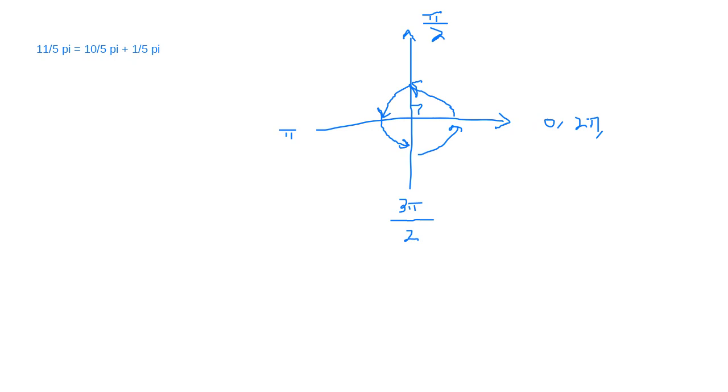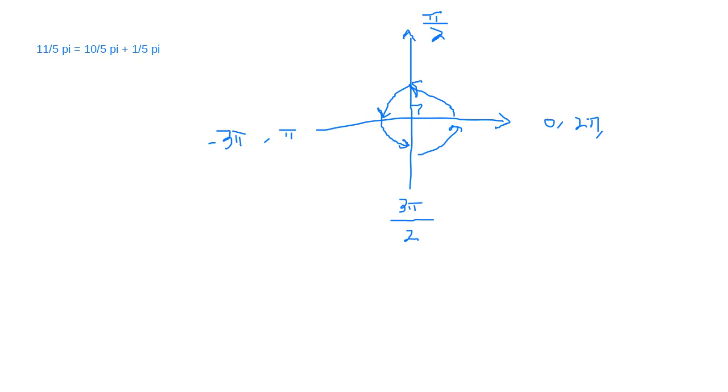This could be pi, 3 pi, all the odd pi's, 5 pi, and so on and so forth, because we're measuring angle this way, right? Then down here, that's 3 pi over 2 plus 2 pi plus 4 pi, and so on. Okay, make sure we remember those 4 landmarks: 0, pi over 2, pi, and 3 pi over 2.